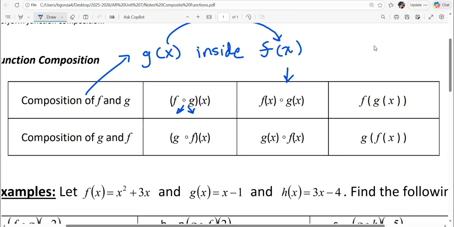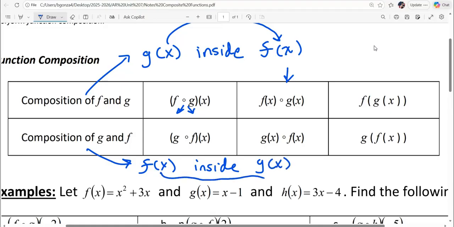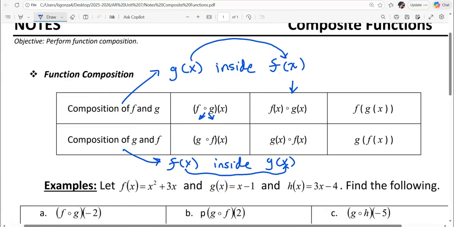Right there. And what does this mean? f of x inside g of x. So this goes right there. So you're going to have one function inside of another function. That's what function composition means. And if you don't understand that immediately, that's fine. I'm going to show you what it means.